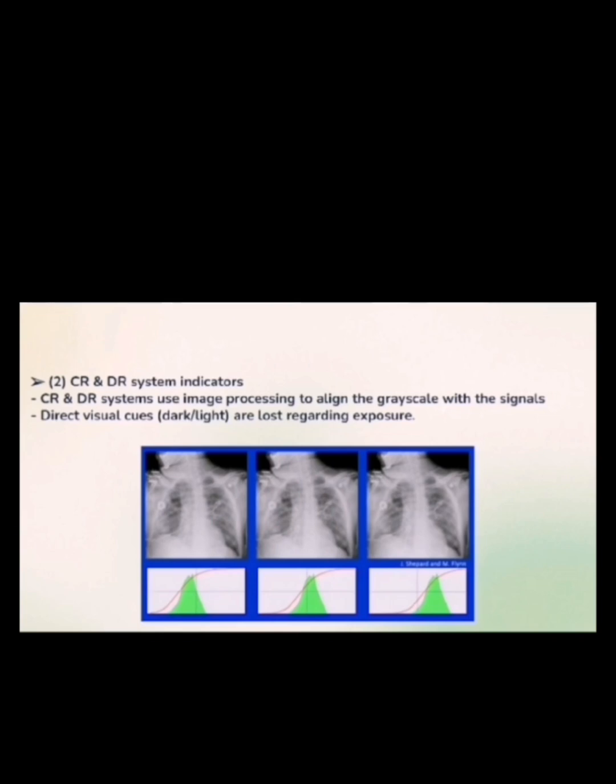We've got much more specific values for each of these exposures on our computed radiography cassettes. We can change the exposure, the steepness of the graph, and the contrast within our image, much more than we could on screen film cassettes.